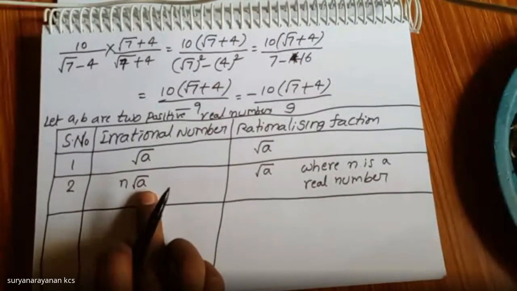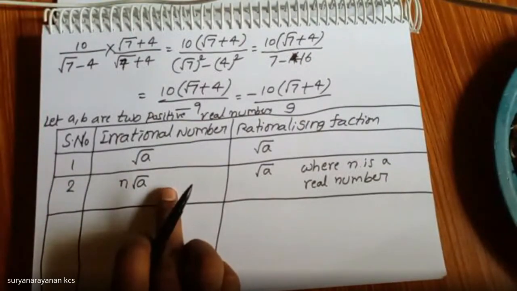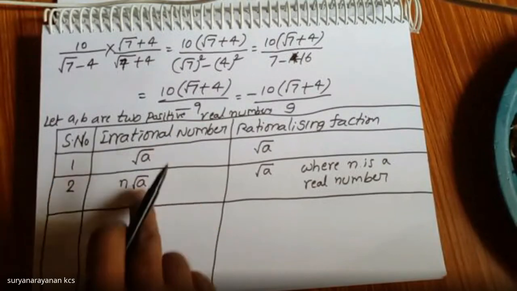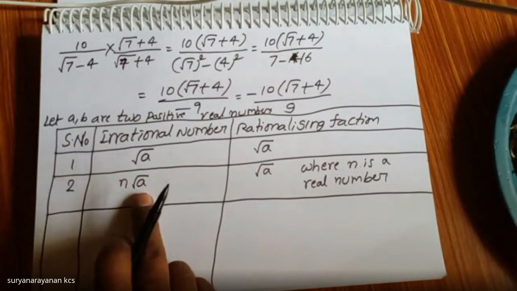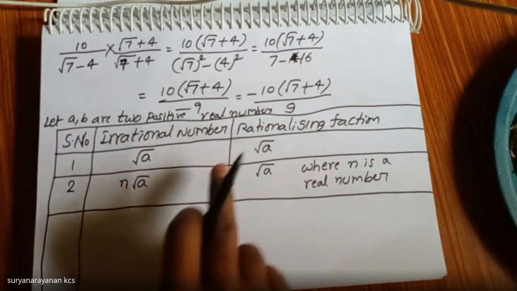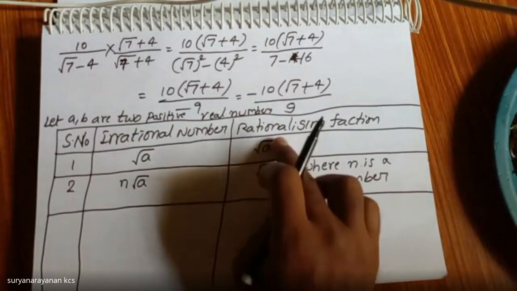In that case, if you want to rationalize that denominator, all of you remember these are always in the denominators only. To make that denominator a rational number, we have to multiply that fraction, numerator and denominator, by these numbers. Okay.